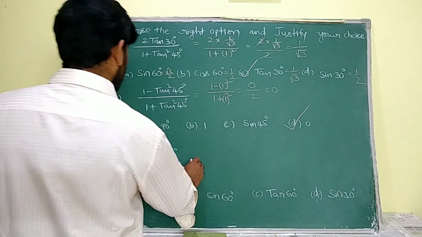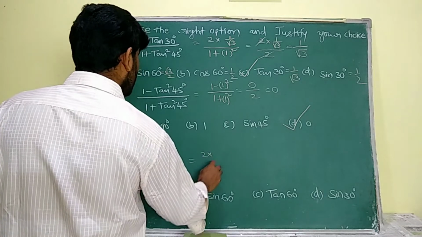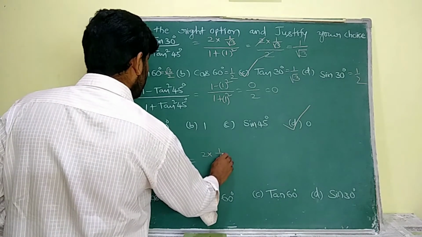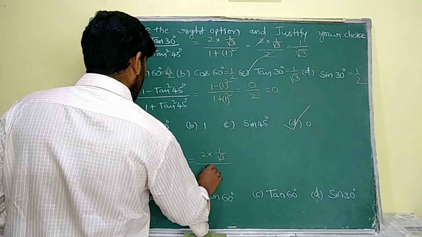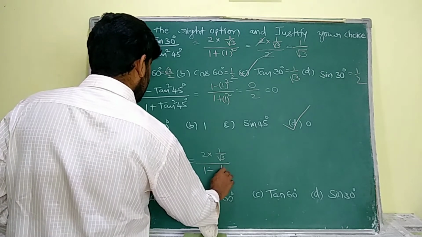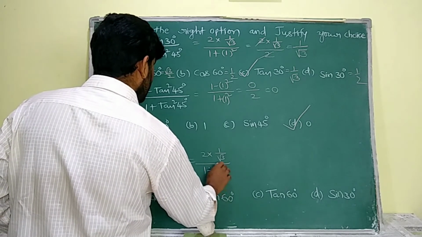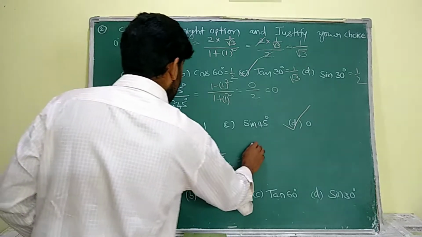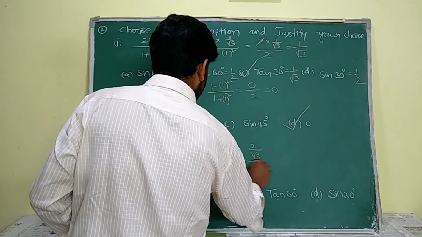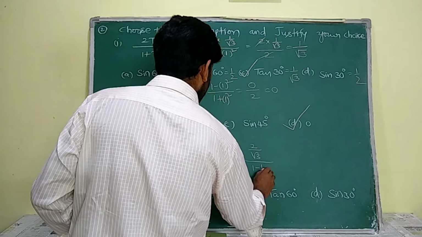2 tan 30 by 1 minus tan square 30. Tan 30 is 1 by root 3, so it is 2 by root 3 whole by 1 minus 1 by 3.